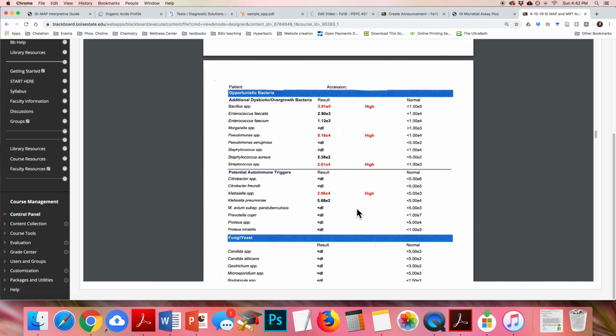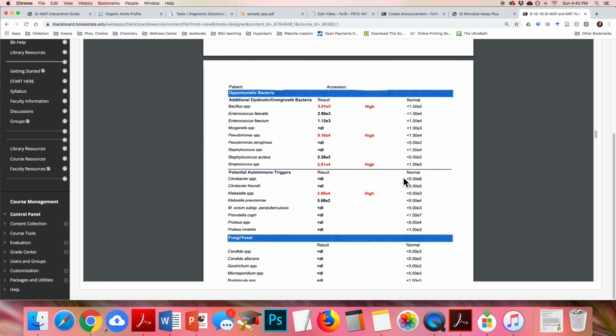So we are pretending that this is Kelly's GI map. It is not actually his GI map. It's from an autistic boy, someone with low functioning autism who was recently placed on a very strict diet.